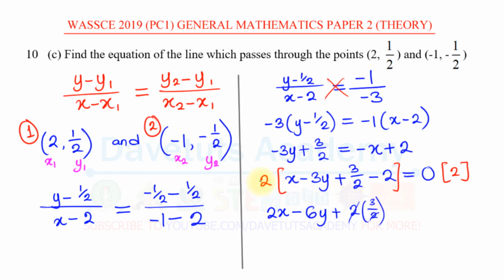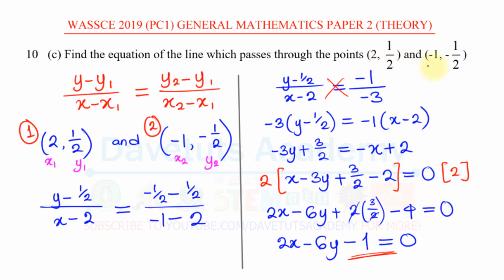Then 2 multiplied by minus 2, that is minus 4, is equal to 0. So here we have 2x minus 6y. Look at this, this is remaining only 3. 3 minus 4 is minus 1. Equal to 0.